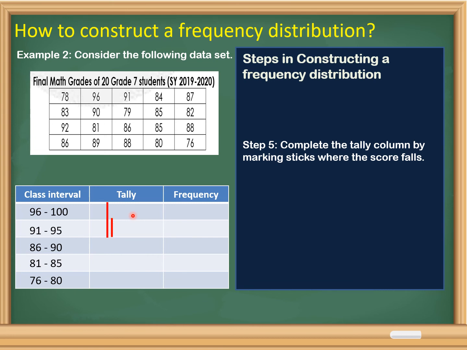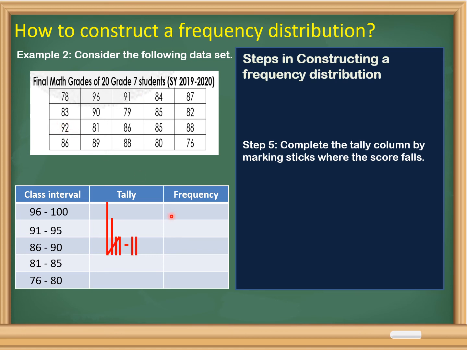Next, we have 2 sticks because the scores that fall in this interval based on the data set are 91 and 92.